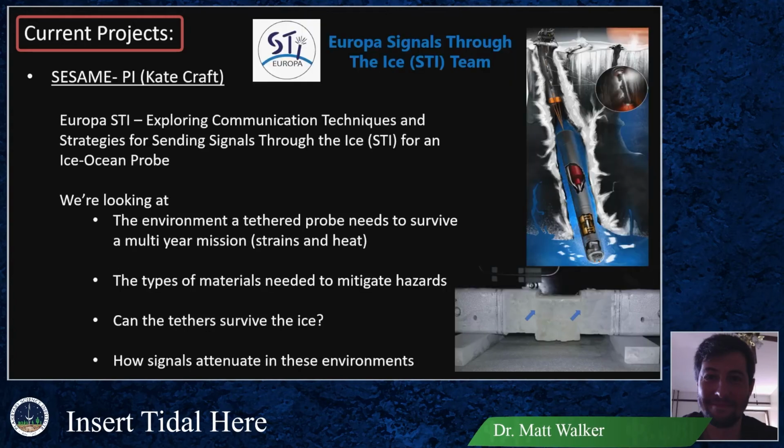Next. And another project which I've been involved with is this Signals Through the Ice project with Kate Kraft out of Johns Hopkins Applied Physics Lab. And this is very cool. This is tethered cryobots. And what we're looking to do is see how viable this type of technology is.